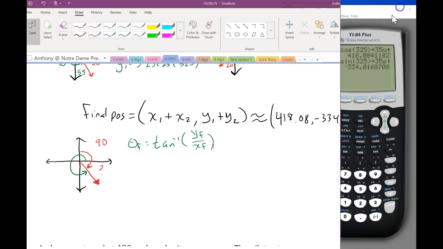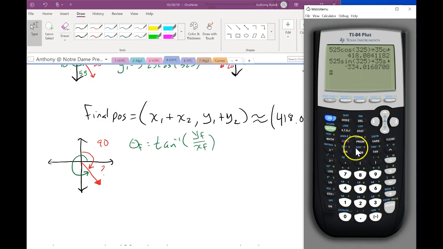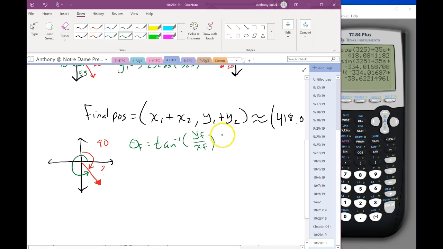I'll type that into my calculator. That comes out to be negative 38.62, which is describing this angle. That's great news for us, because what does that tell us that something part is?